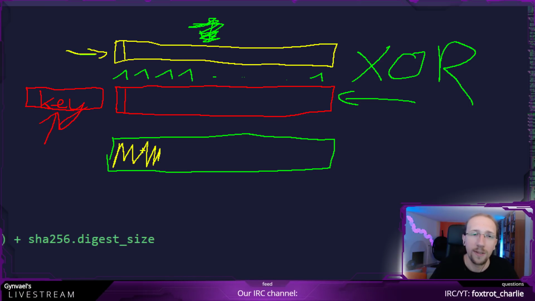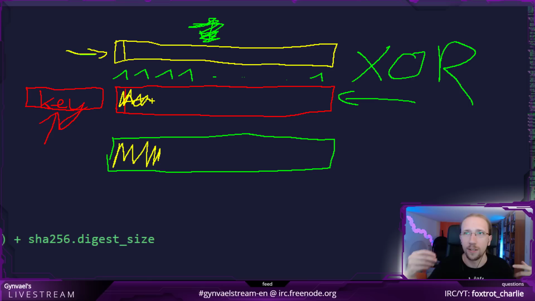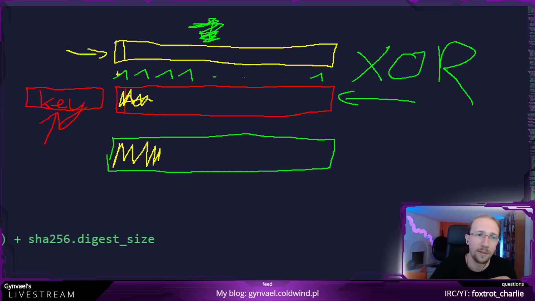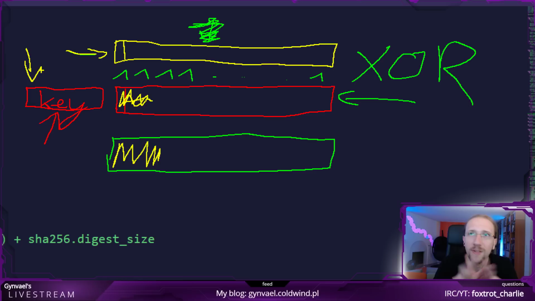If we XOR them, we get part of the key stream. If we get that, then we can maybe reason about the state of the random number generator which was being used here. And this is basically the idea of the attack.